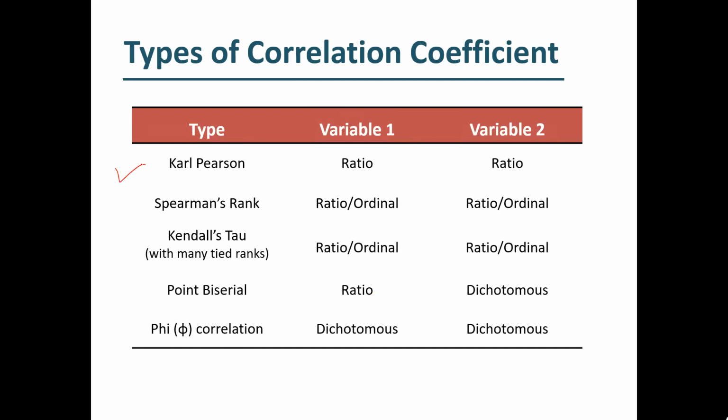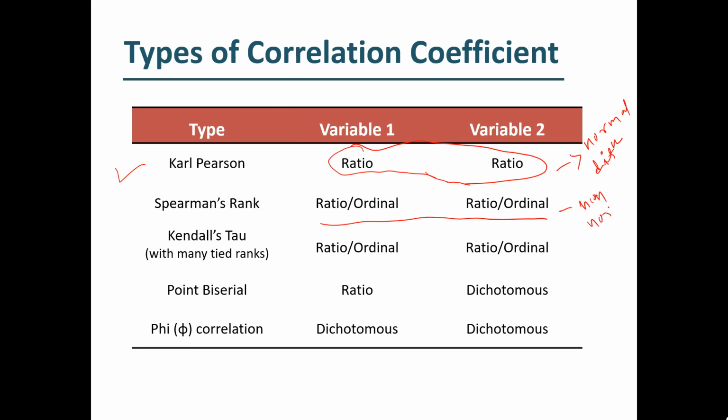If both variables are ratio and normally distributed, so we need a normal distribution, then we use Karl Pearson's correlation coefficient to find the association between two variables.